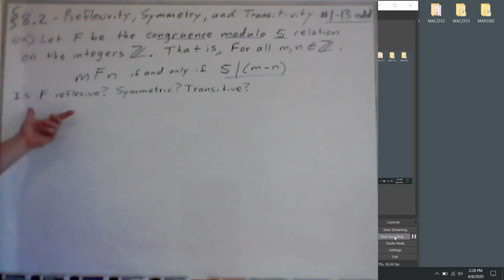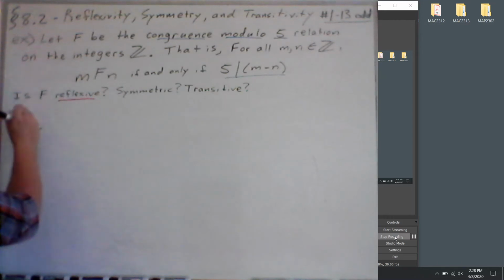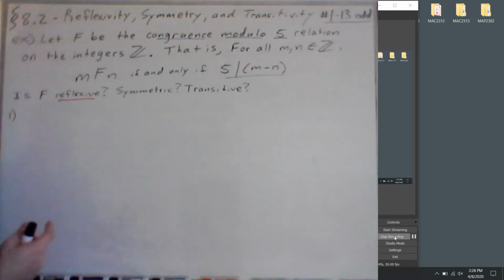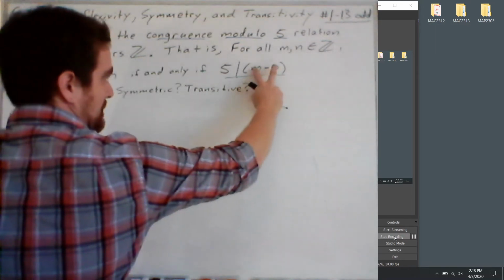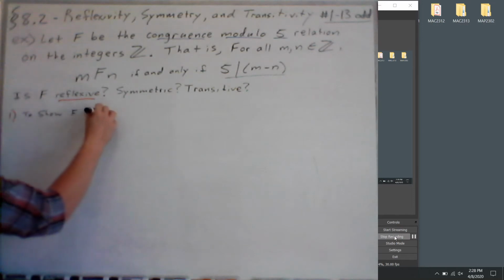So first thing to start off is the reflexive property. What you want to do is ask yourself, if I take the same element and plug it in, m minus m, right? So what we're asking is to show f is reflexive.